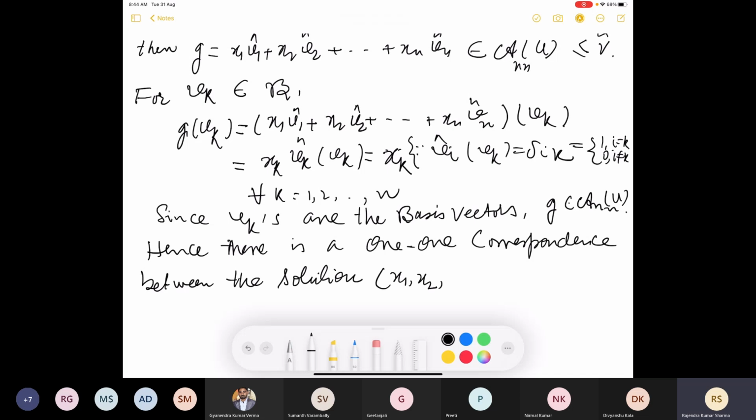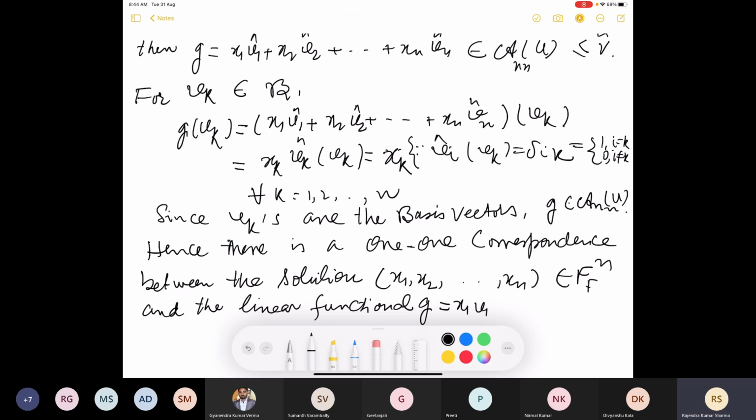x1, x2, and say xn in Fn over F, and the linear functional. What is this linear functional? G. G is x1 v1 hat plus up to xn vn hat. And where is it?